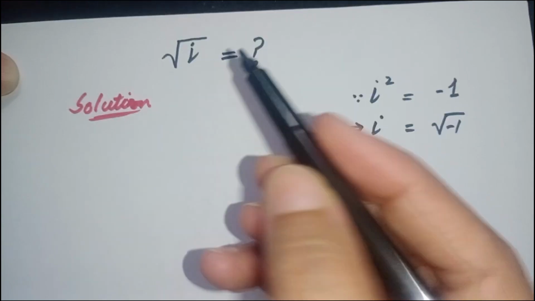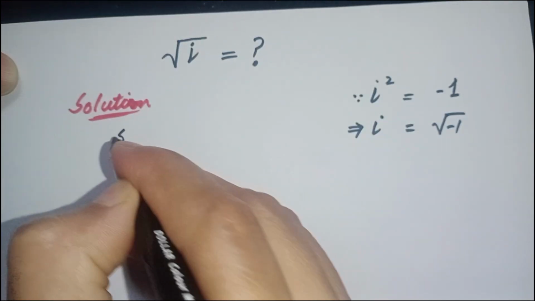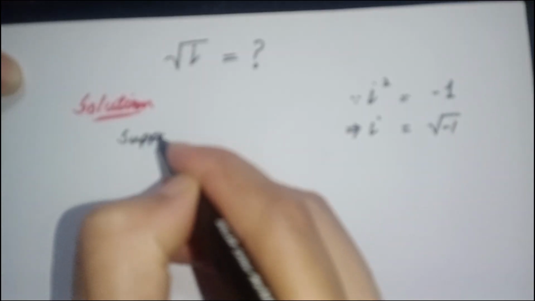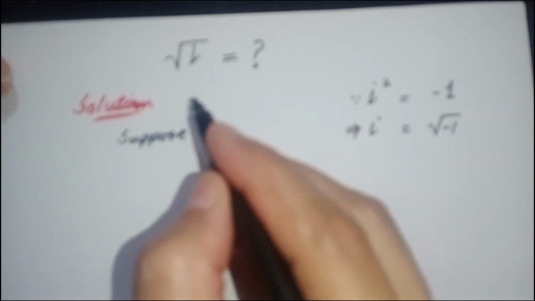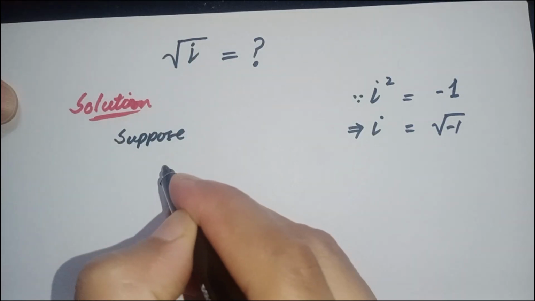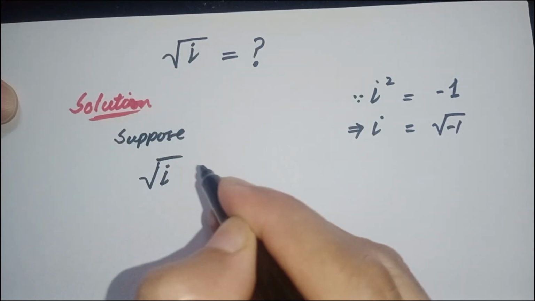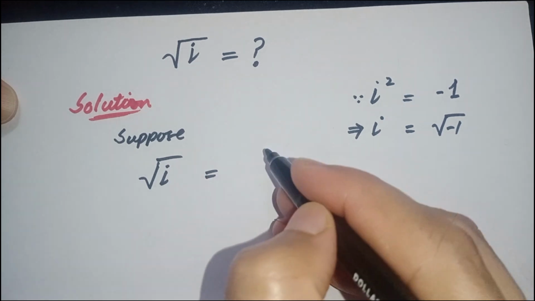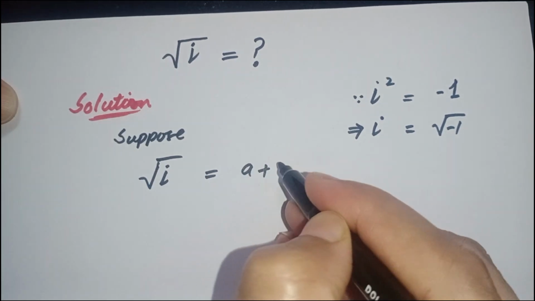So to solve this question, suppose square root i is equal to a plus bi.